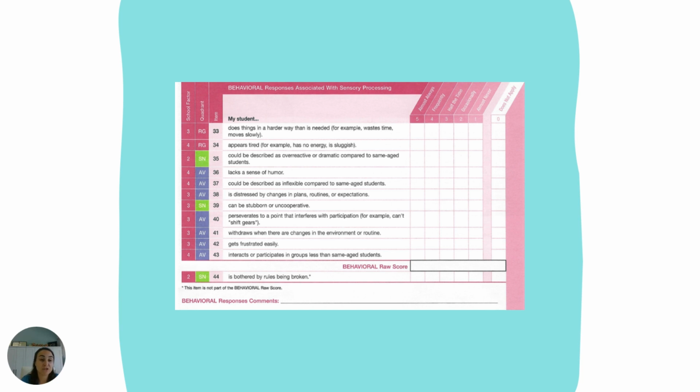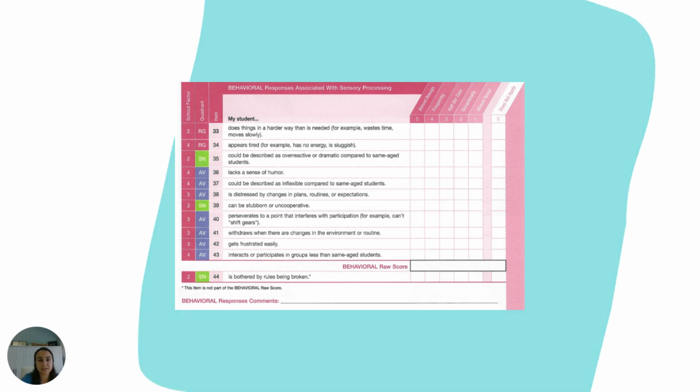My student could be described as overreactive or dramatic compared to same age students, lacks a sense of humor, or could be described as inflexible compared to same age students, is distressed by change of plans and routines or expectations, can be stubborn or uncooperative. So those include some of the problems that we usually see with children that have sensory difficulties.